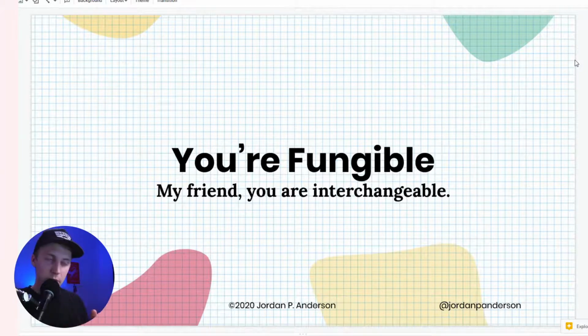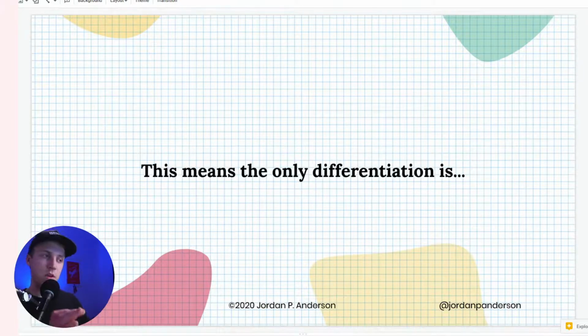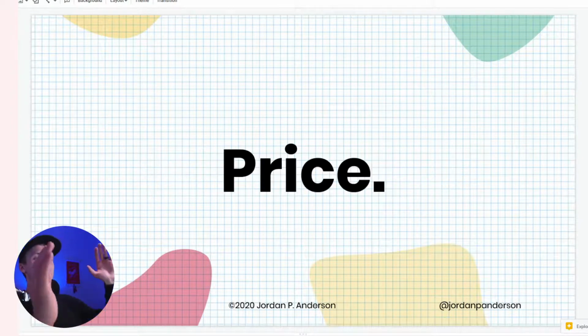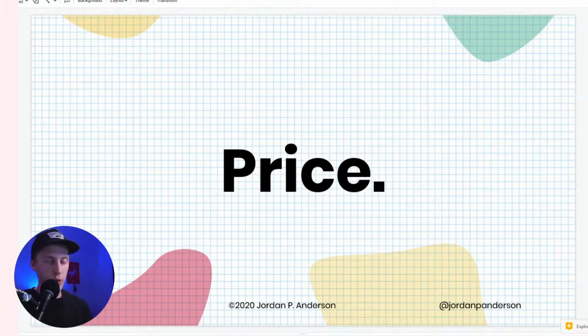So you are probably fungible, which means you're replaceable, which means the only differentiating thing you have to offer as the fungible vendor is price. That is the only thing that makes you different.